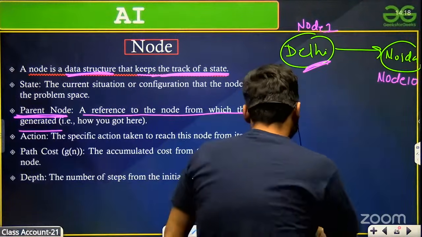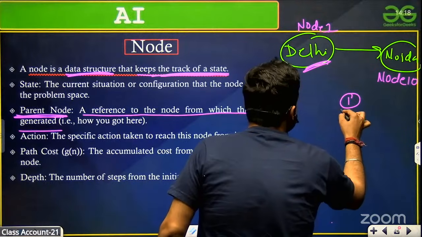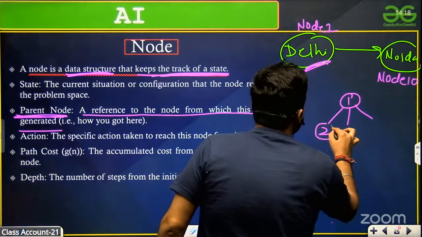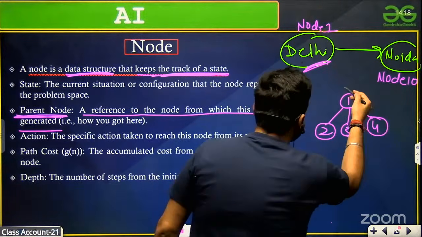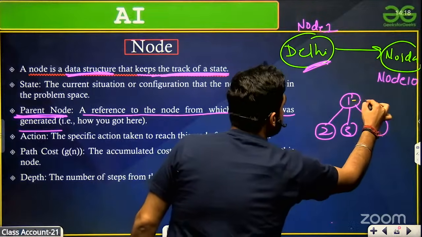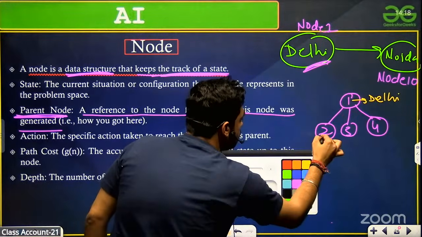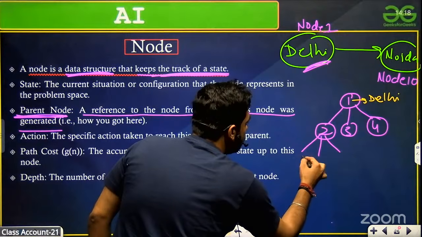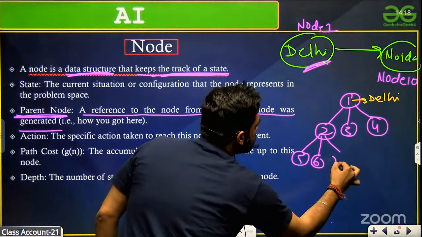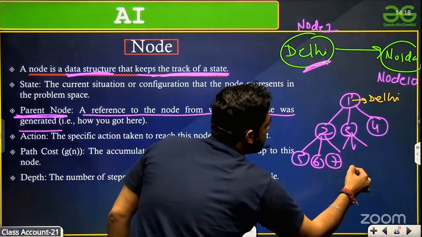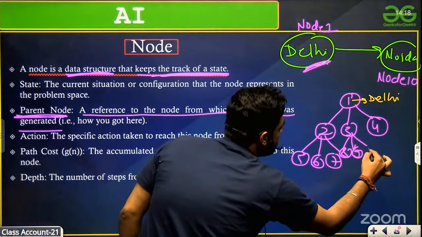Okay. For example, now this is a state space. For example, node 1 is Delhi. Then node 2 has other nodes. Node 3 again has 3 nodes: 8, 9 and 10.